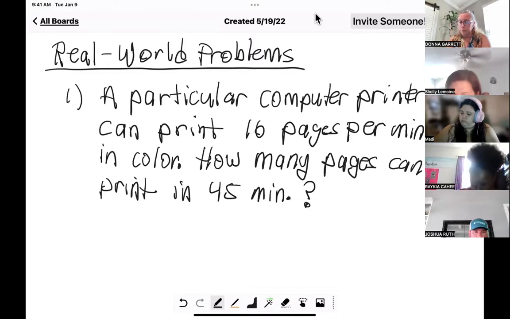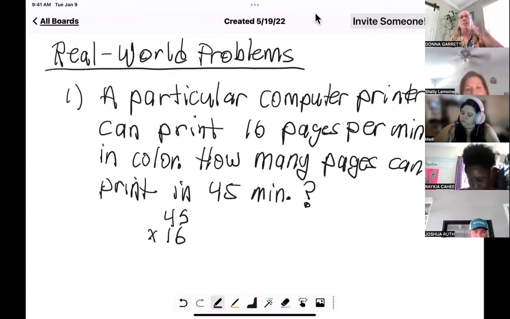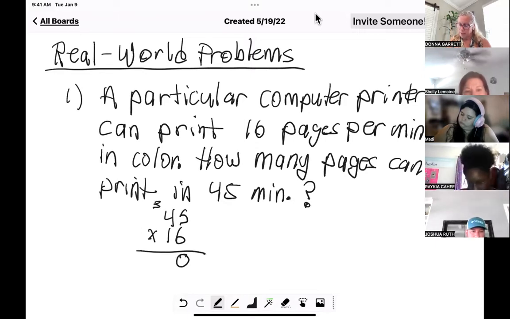What are you going to do? Well, we're going to multiply, right? 45 times 16. If it does 16 every 1 minute, to find how many in 45 minutes, we're going to multiply by 45. So we multiply. 6 times 4 is 24, plus 3 is 27.